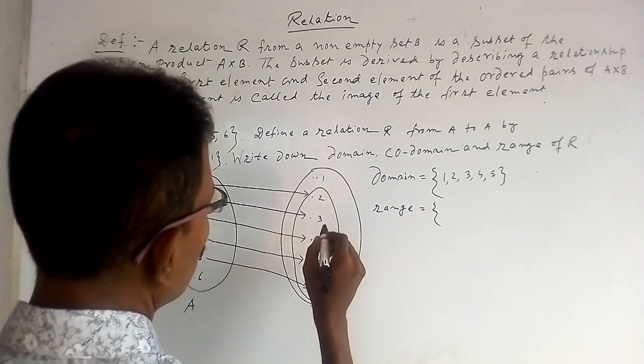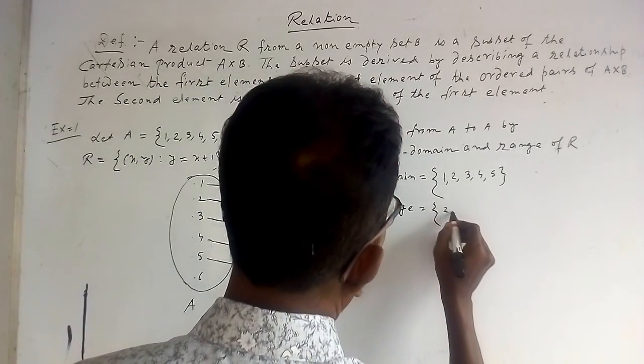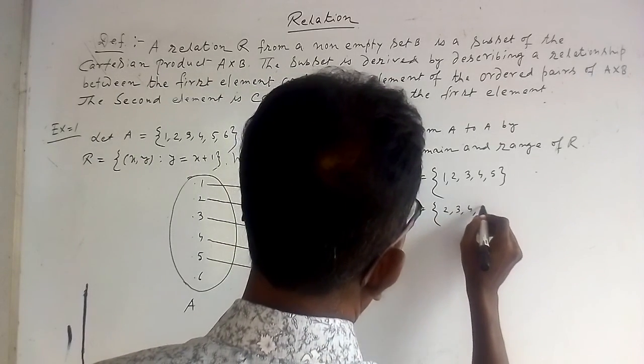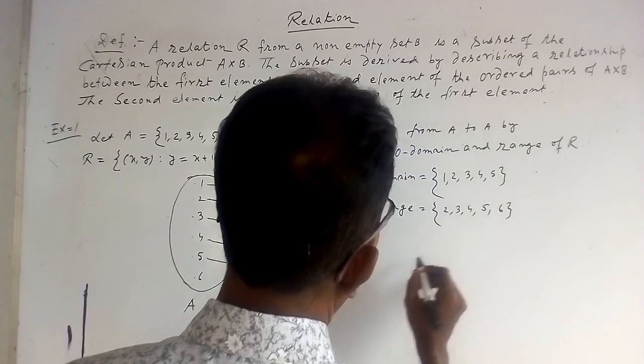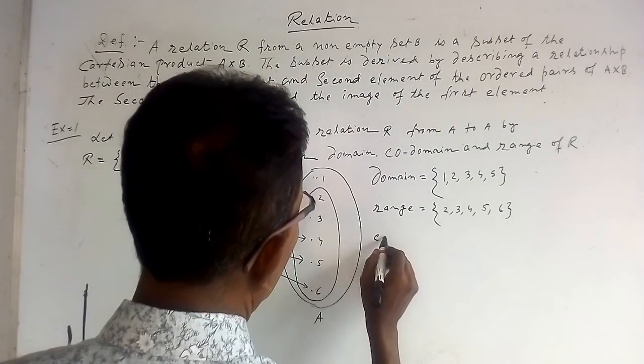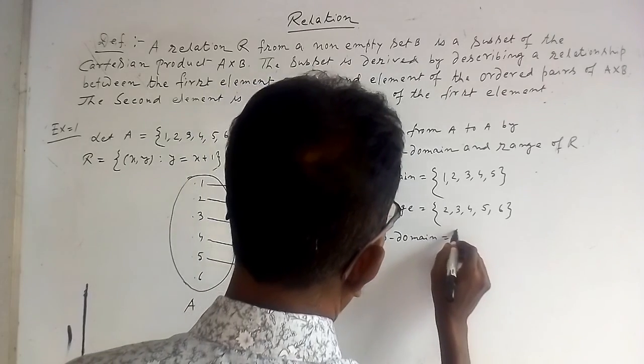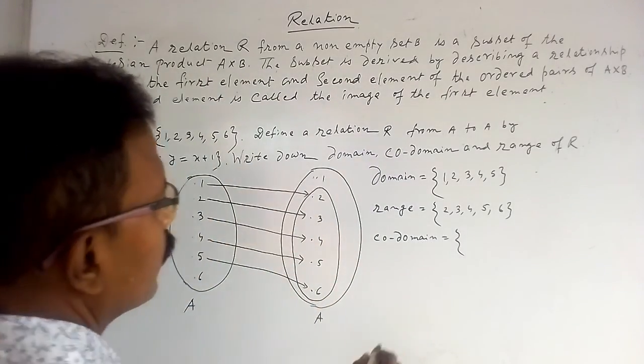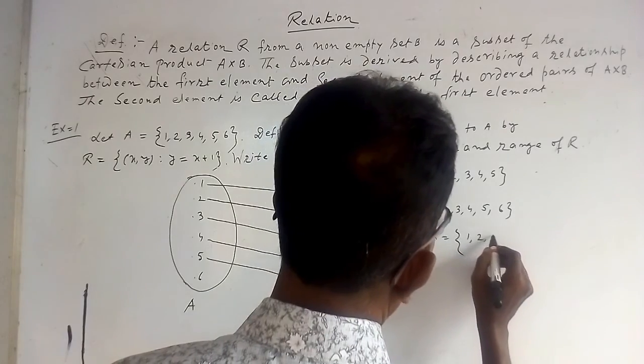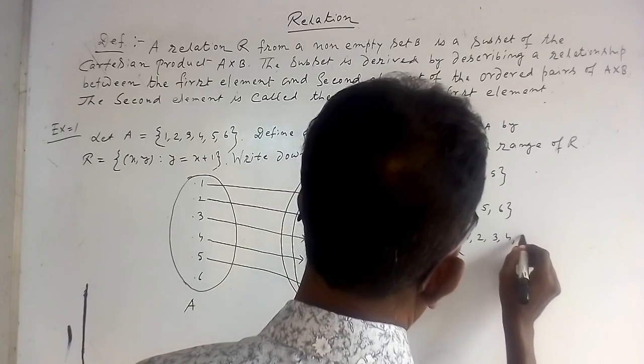The range set is 2, 3, 4, 5, 6. Now the codomain set is the whole set on the right hand side, that is 1, 2, 3, 4, 5, 6.